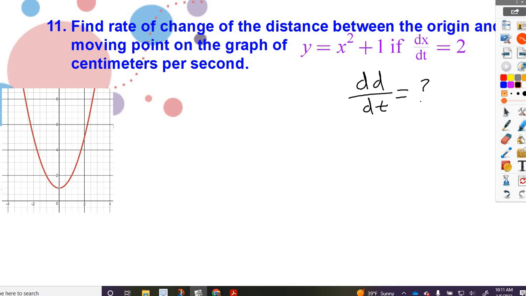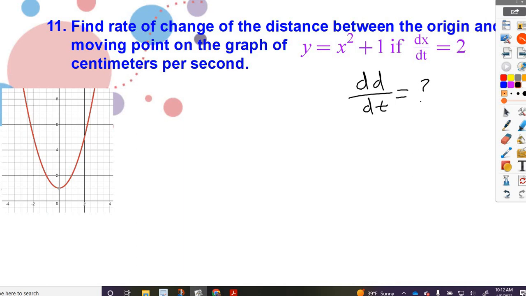But they don't ask for that. What do they ask for? The rate of change of the distance. So does that equation give me distance? No, and I'm not taking the derivative of distance. So I need an equation that when I take the derivative, I get dD dt. Does that make sense?